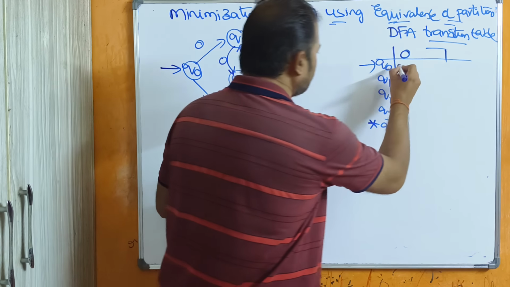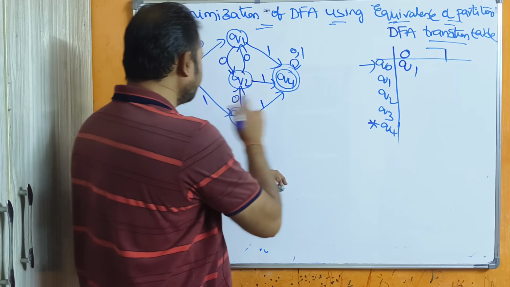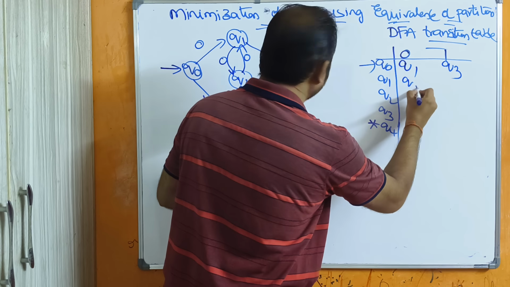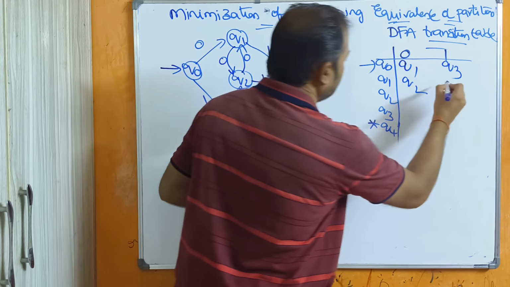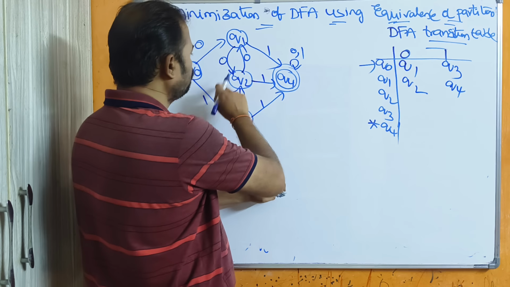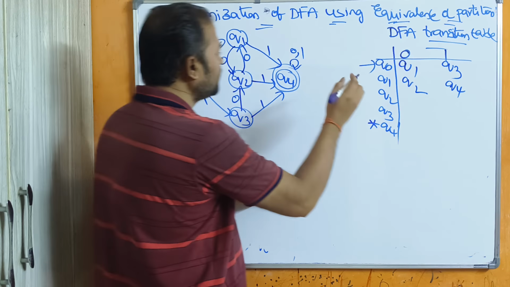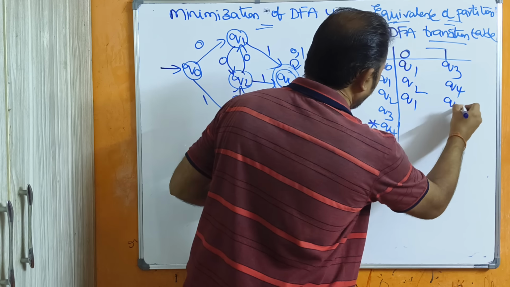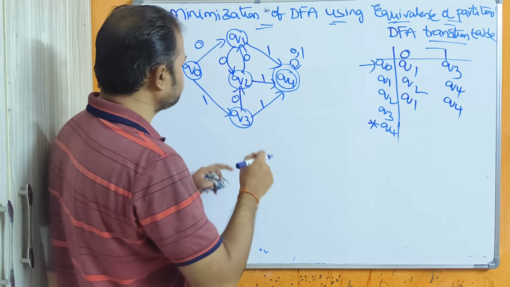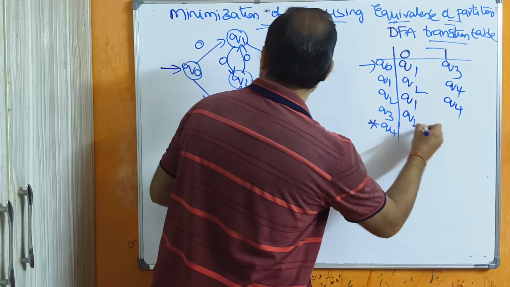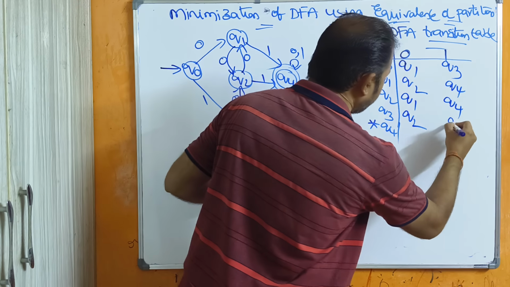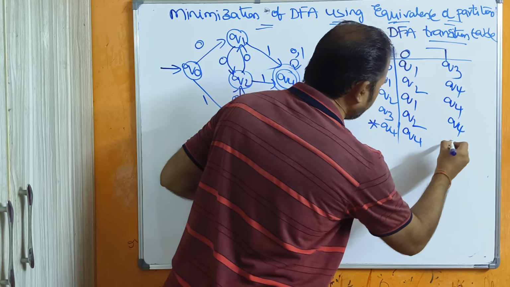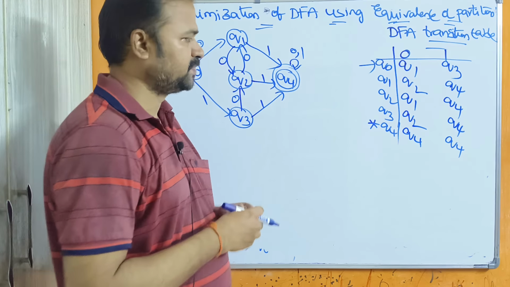Q0 on 0 goes to Q1, Q0 on 1 goes to Q3, Q1 on 0 goes to Q2, Q1 on 1 goes to Q4, Q2 on 0 goes to Q1, Q2 on 1 goes to Q4, next Q3 on 0 goes to Q2, Q3 on 1 goes to Q4, next Q4 on 0 is Q4 and on 1 also Q4.